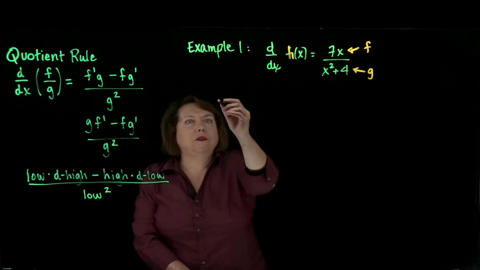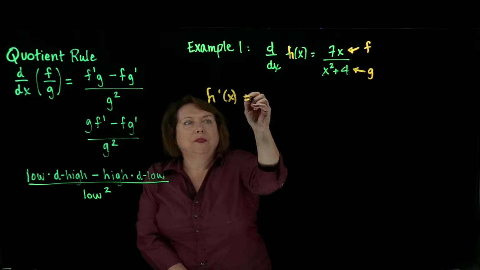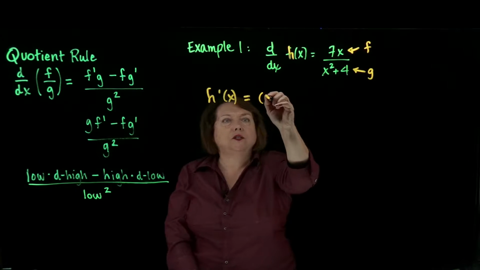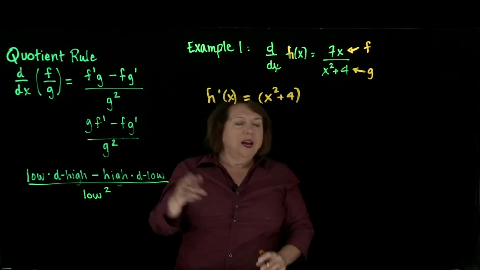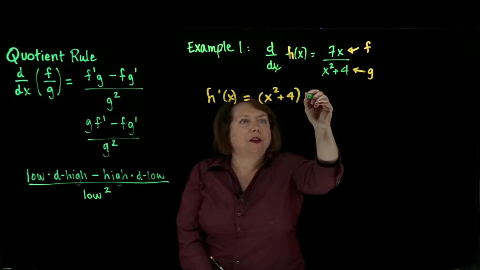So to take the derivative, h prime of x, we're going to take my low function, which is x squared plus 4, times the derivative with respect to x of the high function.